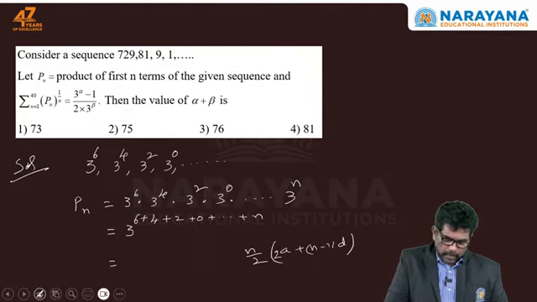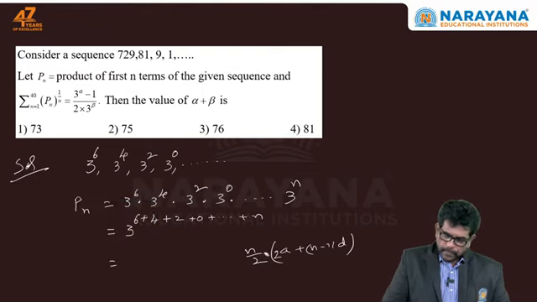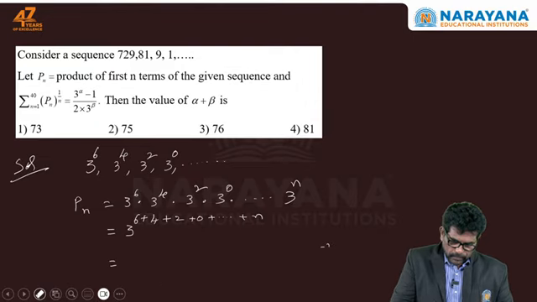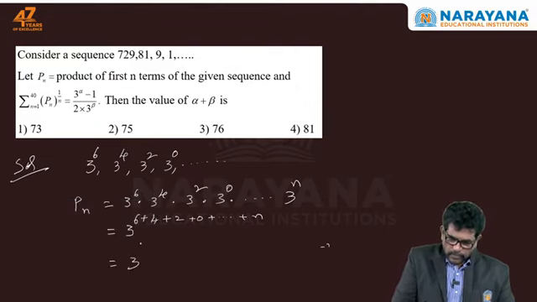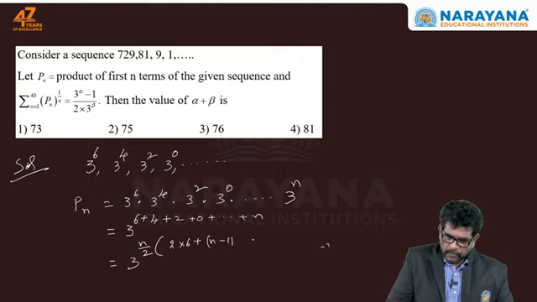Now, by using this formula, we are going to calculate the power. That is 3 to the power of n by 2 into (2 into 6 plus (n minus 1) times D). The common difference is minus 2.